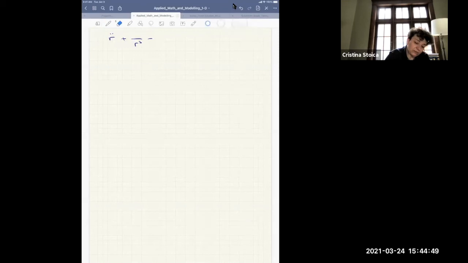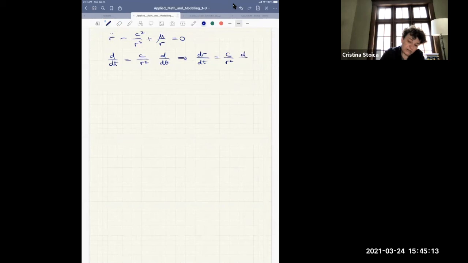It was C, right? C squared minus, okay, where is it? It's backwards again. So we have dθ dt is C over R squared, dθ d theta. So we ended up with dr dt is C over R squared dr d theta.